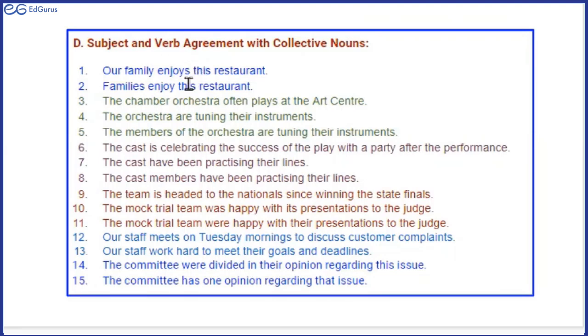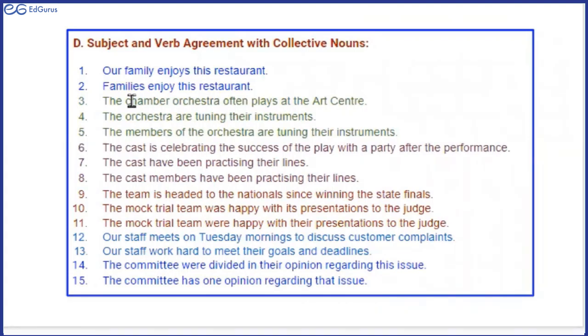Family enjoys, but families enjoy this restaurant. When more than one family is there, it becomes plural, and then enjoy, the plural verb, is used.